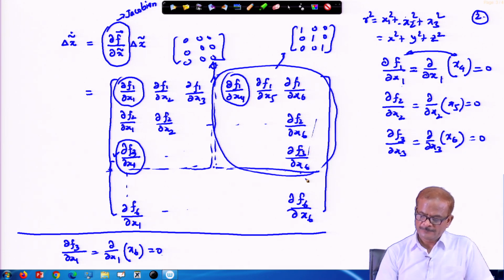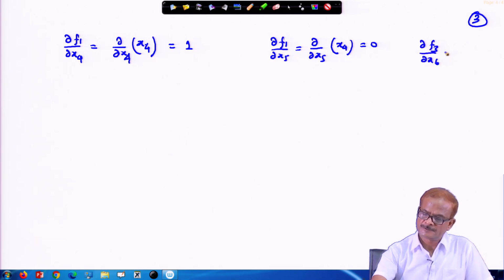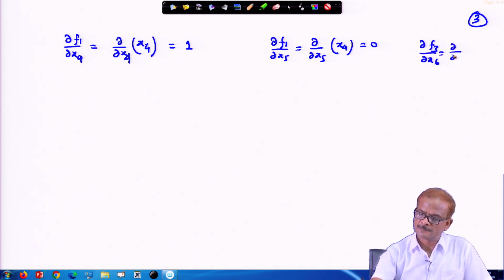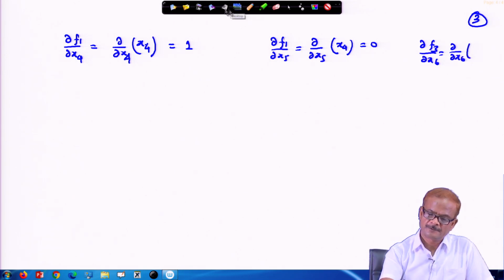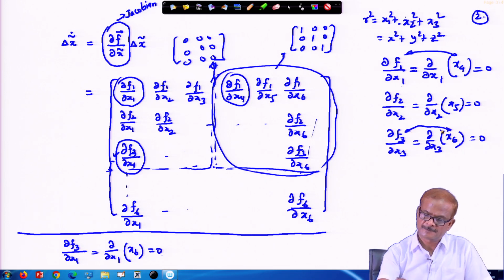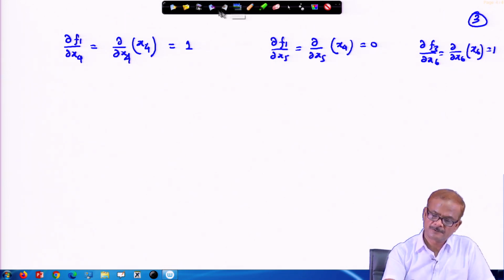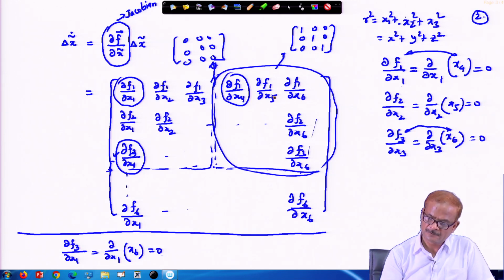We can check for dou f 3 by dou x 6, and f 3 is from here, this is x 6. So, this quantity is also equal to 1, and the rest of the diagonal terms are 0.